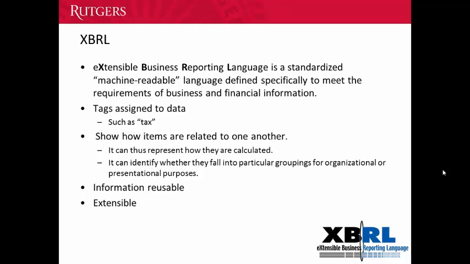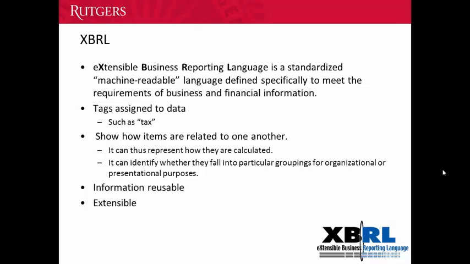The SEC required public firms to submit their financial statements quarterly and annually in XBRL format. One characteristic of XBRL is that the data is assigned with text. For example, if a tag is assigned with the number 100, then you can understand the meaning of this number from the tag.